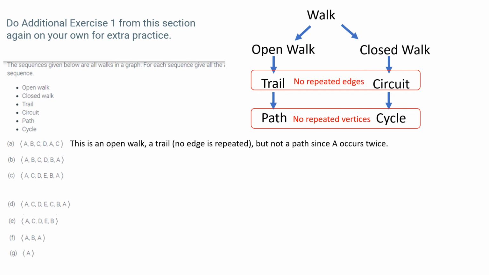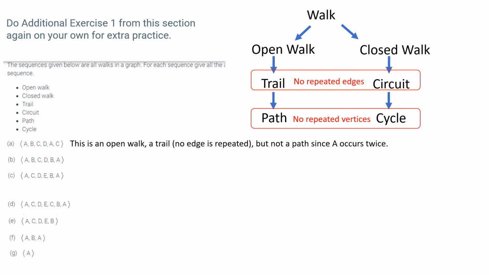If you want to, you could put some vertices out there on your paper and look at it that way too. We did, though, have A appear twice, right? So A appeared twice, not as the first and last, because A was the second to the last. So we had a vertex appear twice, but there is no repeated edge.